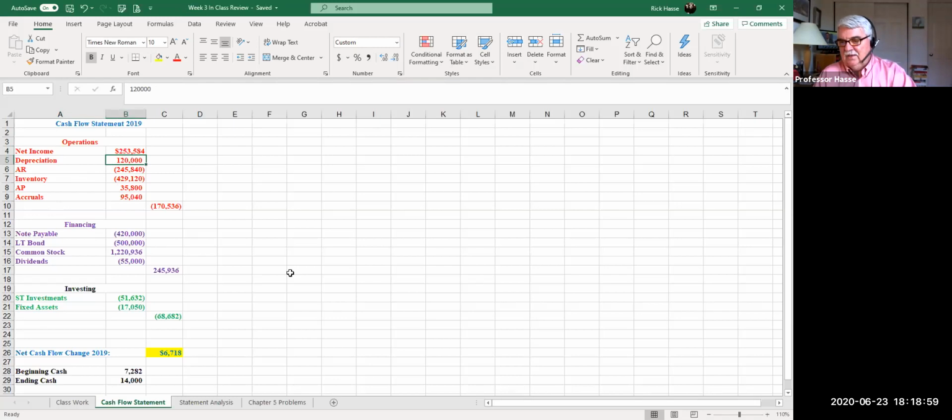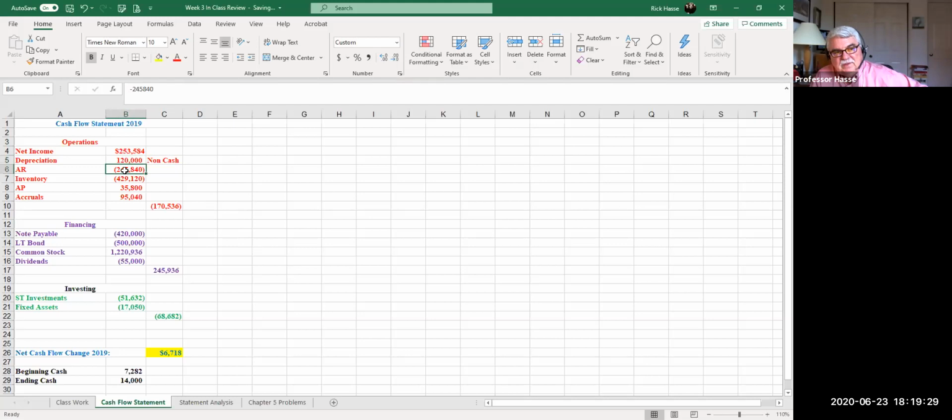When I had you in accounting 203, depreciation was an expense of the business. But it's a non-cash expense. You're not writing a check to Mr. or Mrs. Depreciation. You're expensing something, but you're not spending any cash. So you add that back in as cash flow in operations.